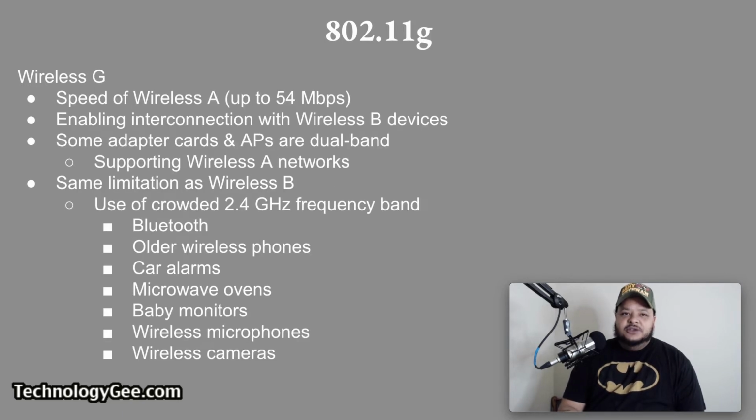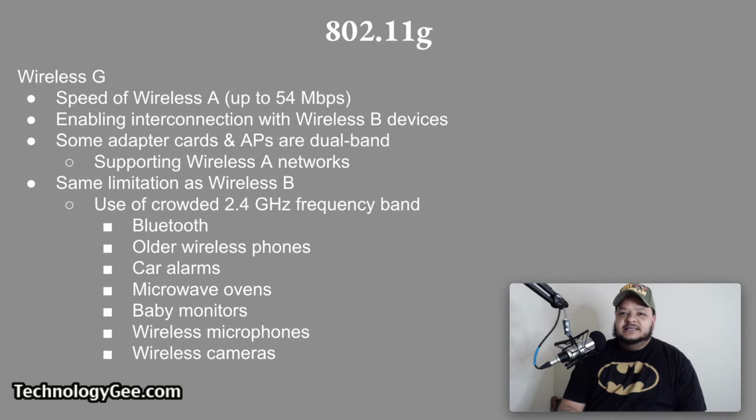Let's talk about the 802.11g, also known as Wireless G, which was designed to provide the speed of Wireless A, up to 54 megabits per second, while enabling interconnection with 802.11b devices. Some 802.11g adapter cards and access points are dual band, also supporting 802.11a networks.